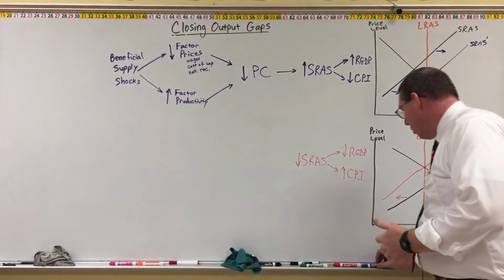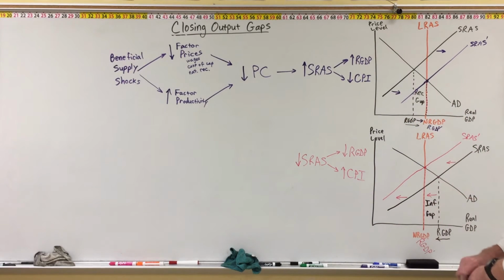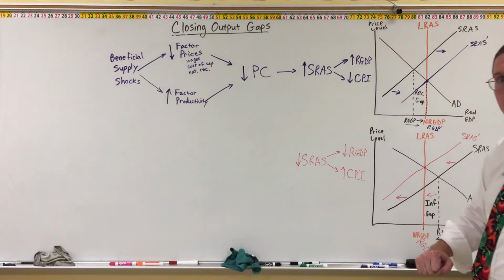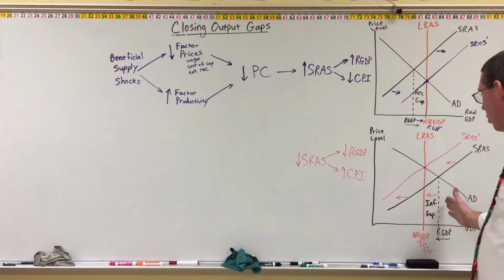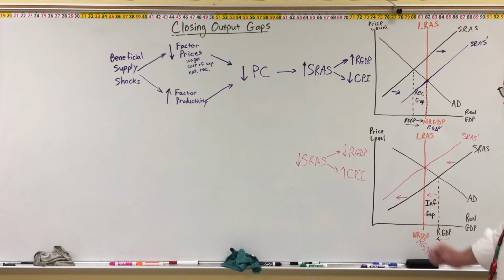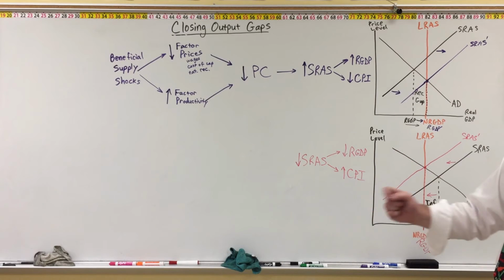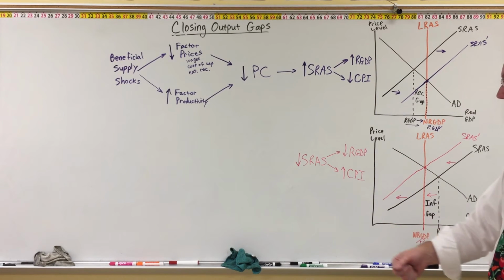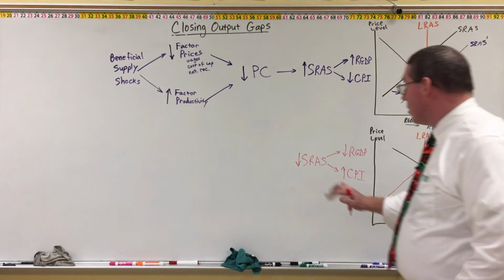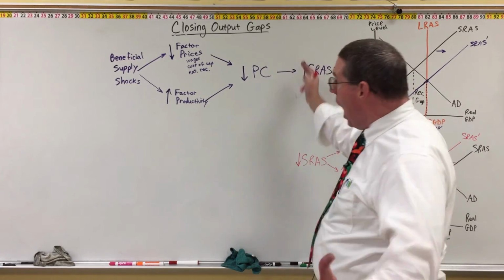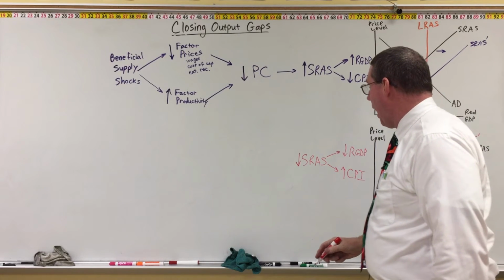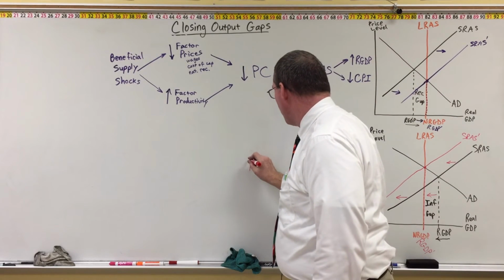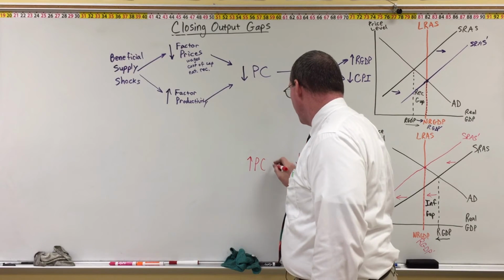Now let's talk about closing an inflationary gap. To close an inflationary gap, we want to decrease short-run aggregate supply to ultimately decrease real GDP, closing the inflationary gap and bringing us back into long-run equilibrium, which is best for the economy. Basically, everything on this level is going to be the opposite of everything up here. We can decrease short-run aggregate supply if there is an increase in production costs in the economy.